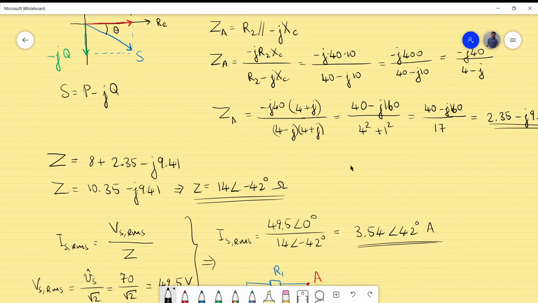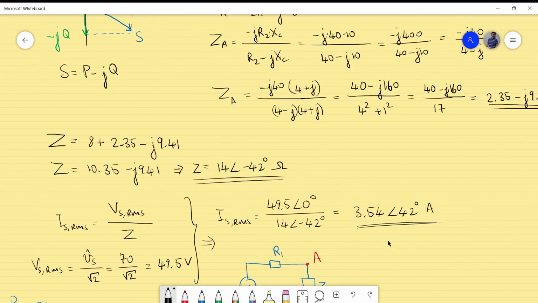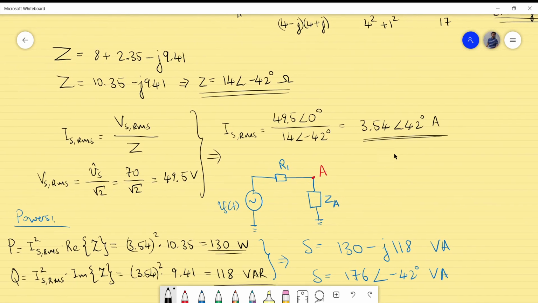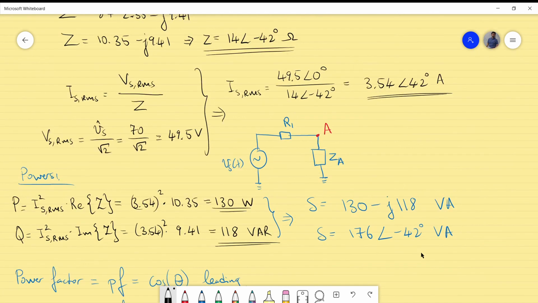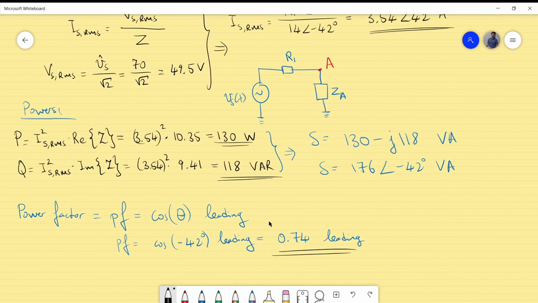From that you go to the real power and the reactive power, P and Q respectively, and from that you determine the expression for S, and using the polar notation, you know the amplitude of S, and from that, and of course from the phase, which we already determined at the beginning, you can calculate the power factor, and that's actually the whole business for this example.